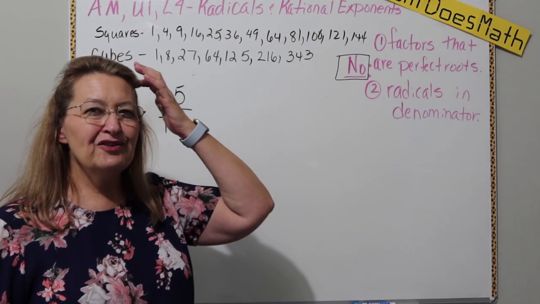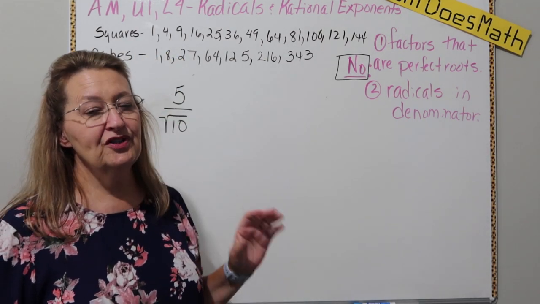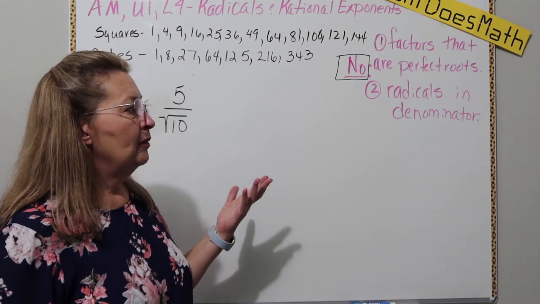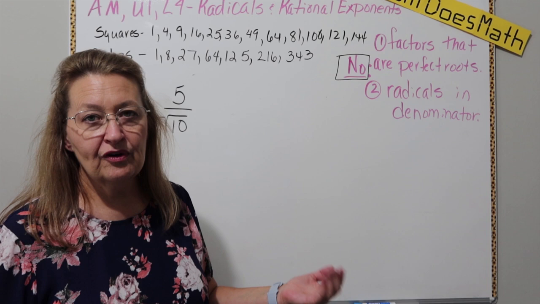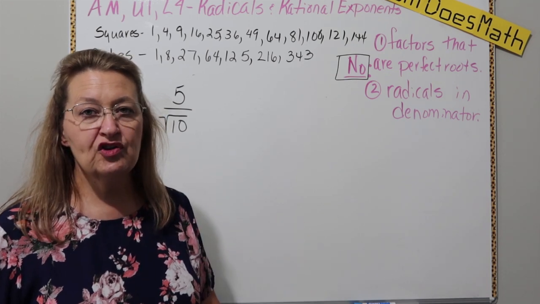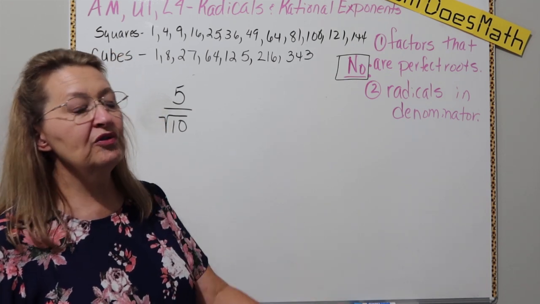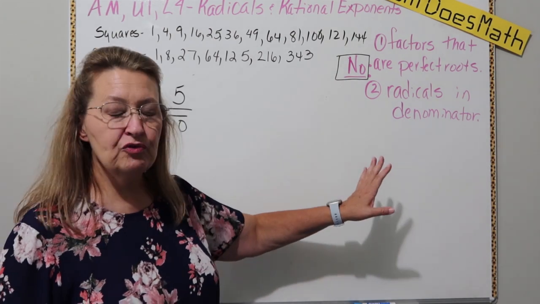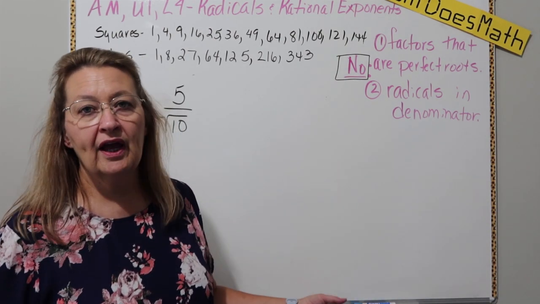This is actually up for debate right now, so you just have to pay attention to what your teacher asks for. It's called an irrational denominator, and most of the time you want to rationalize it, but your teacher will tell you whether they want all denominators rationalized, or they don't care.